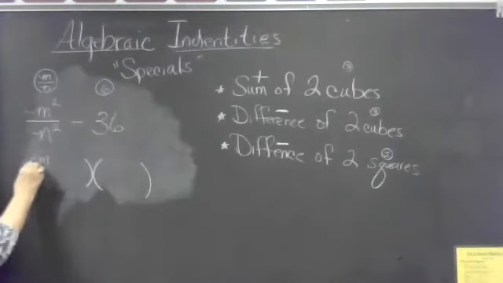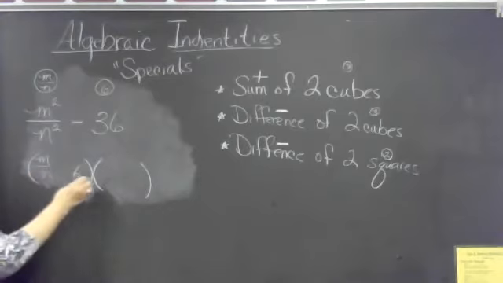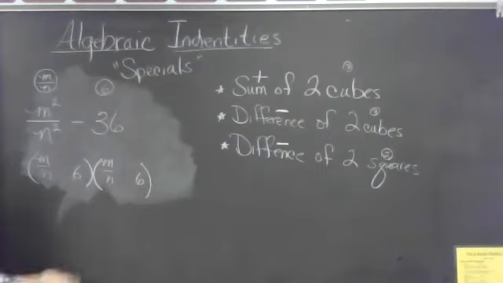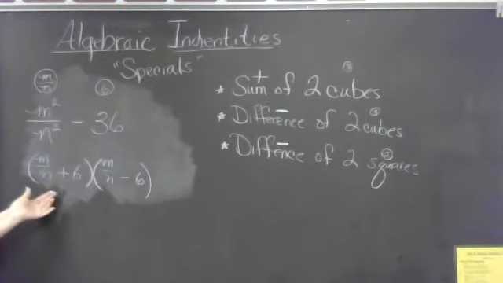So I've got m over n and 6, m over n and 6. And then however you want to put your plus and minus, they have to have opposite signs. And this is your factoring of the difference of two squares. Is it getting a little bit better? I hope. Yes.